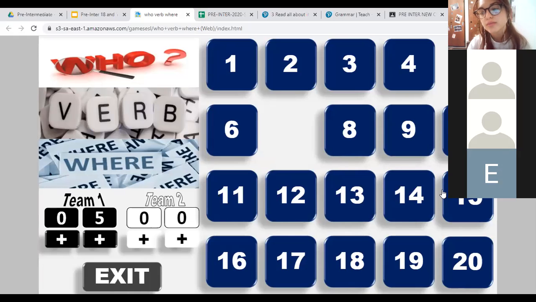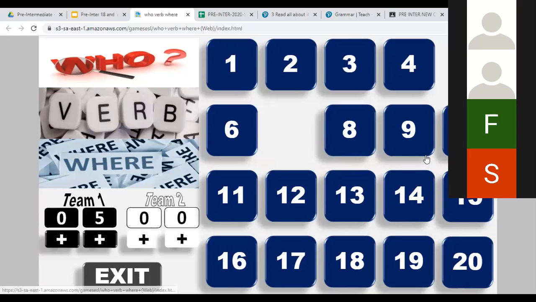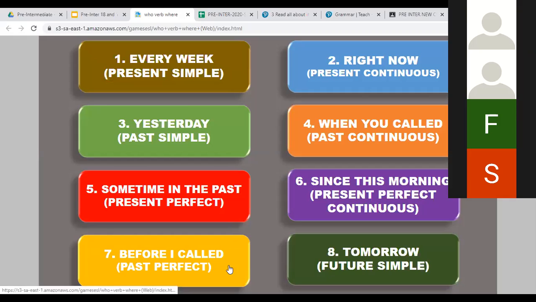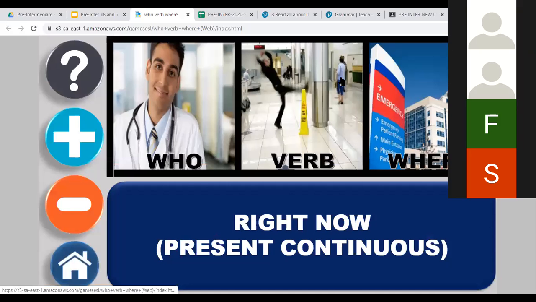Boys, 16. Yes. Let's see. Okay, pick a tense. Present continuous. Oh, todo van a ser present continuous ahora. Acuérdense que pueden ser 3 opciones.